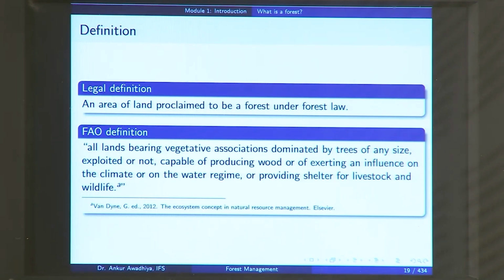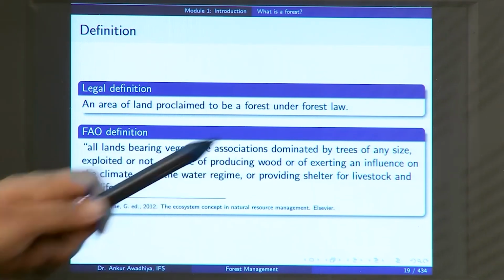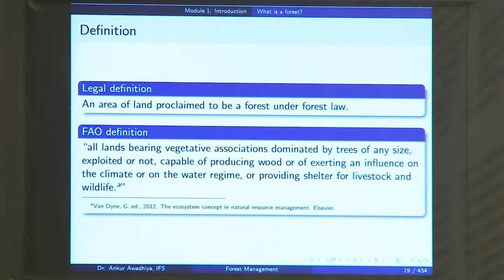Now, this definition is sort of an umbrella definition that is concerned about several different utilities of the forest. So, what it says is all lands bearing vegetative associations. This definition is looking at a forest in terms of vegetative associations, or in terms of plant communities.